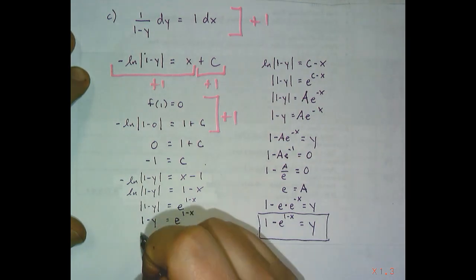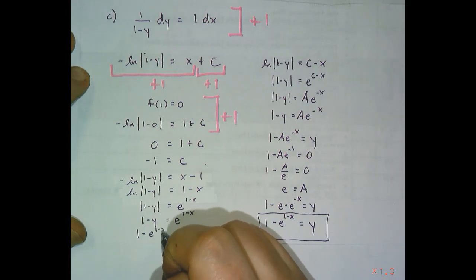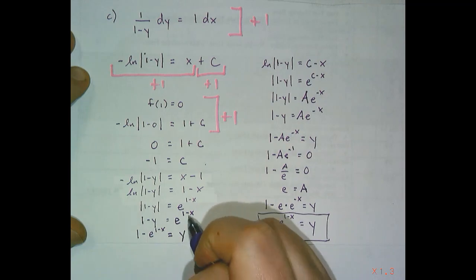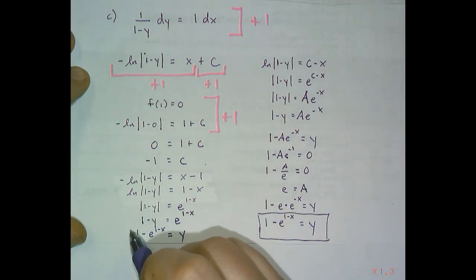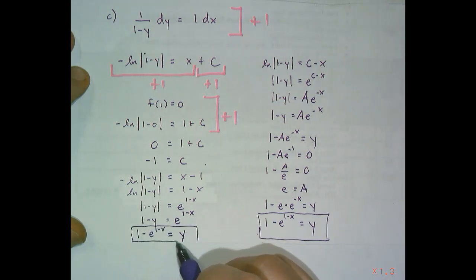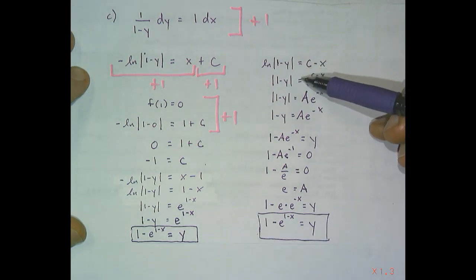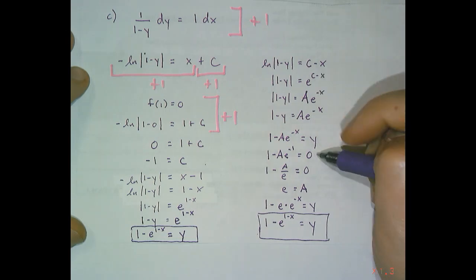If we solve this for y, we move the e to the 1 minus x to the left side, and we move the y from the left to the right, and we get our final expression. Now, I also approached it in the way that I run it in class, where I solve for y before considering the initial condition.